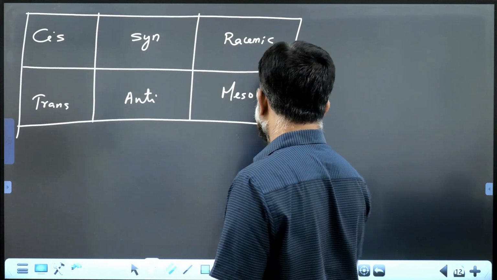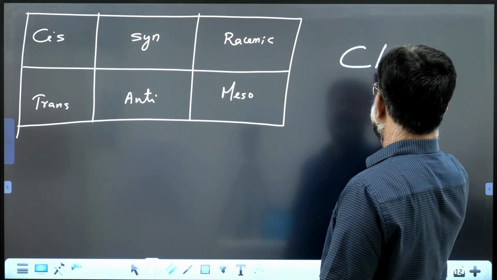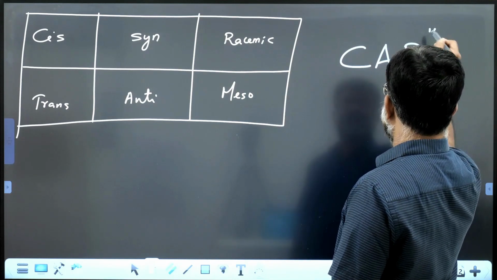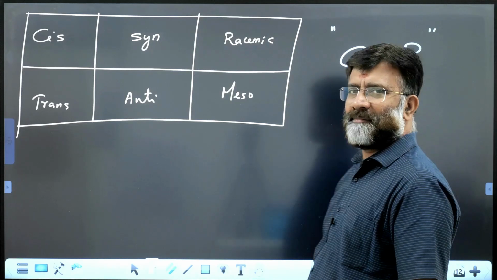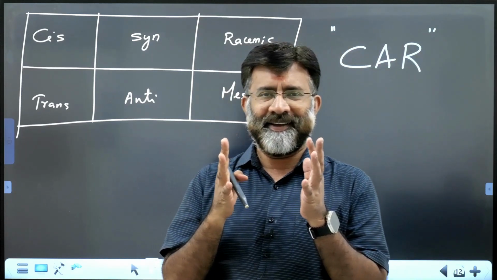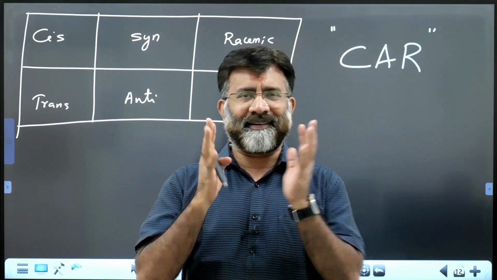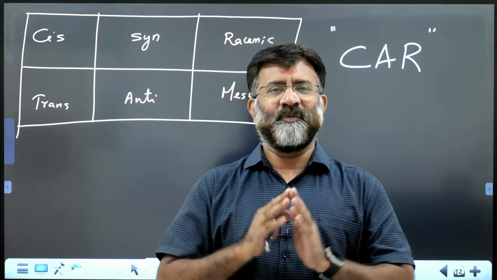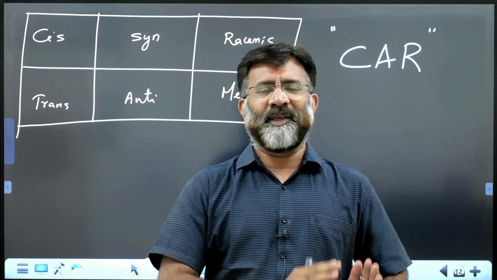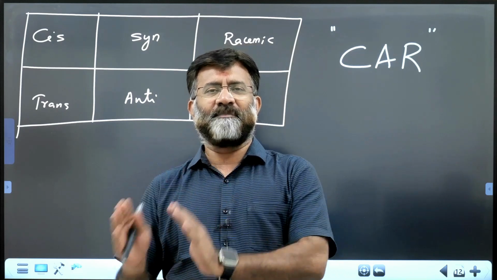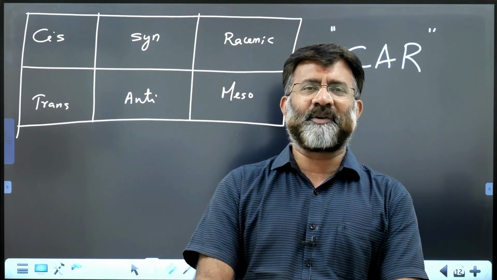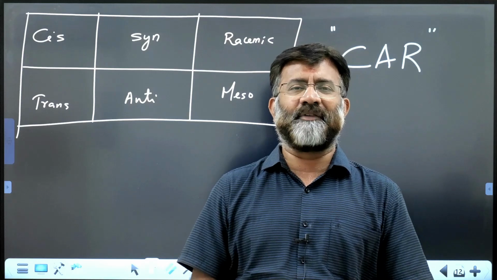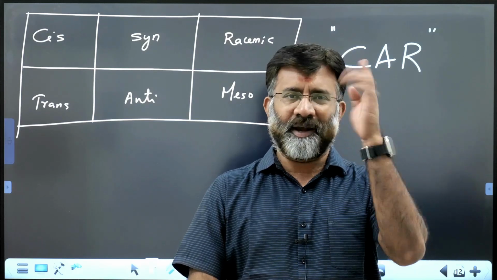Remember, CAR. It was taught in the classes. By memorizing the code CAR, you can memorize which reactant gives what reaction and what product. In fact, this one code is equivalent to four different codes. Remember only one.